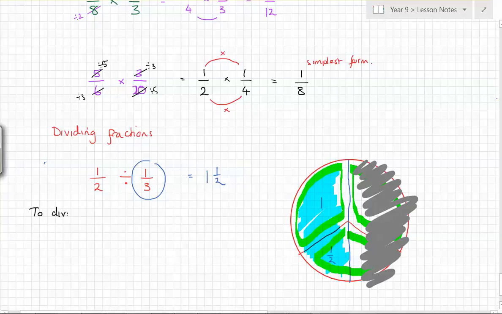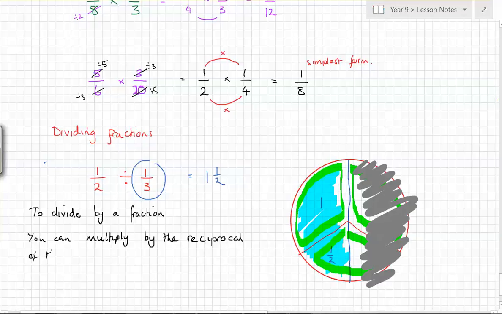A little shortcut, cheat way maybe, but it works. Here you go. To divide by a fraction, you can multiply by the, and you're not going to understand this word yet, but you will, reciprocal of the fraction.